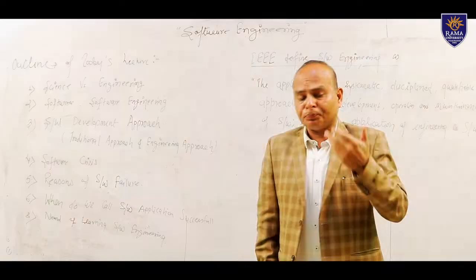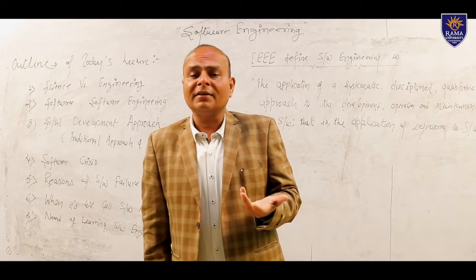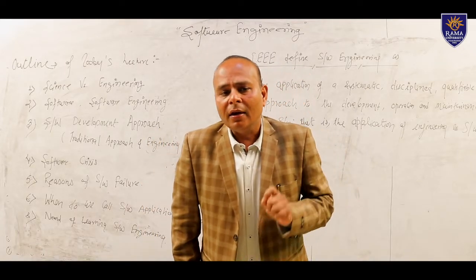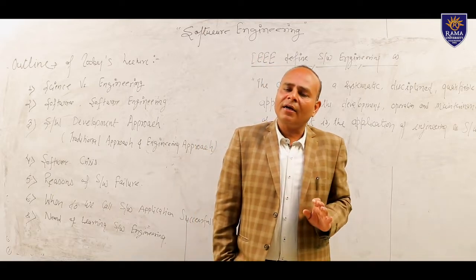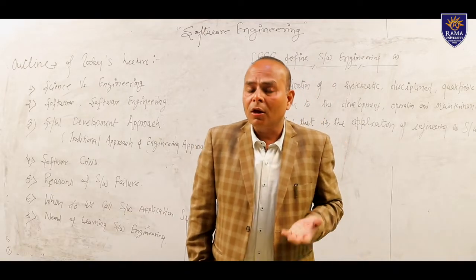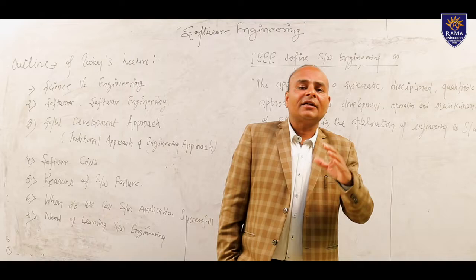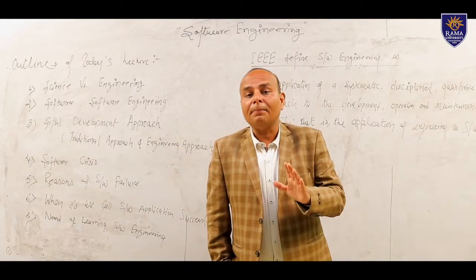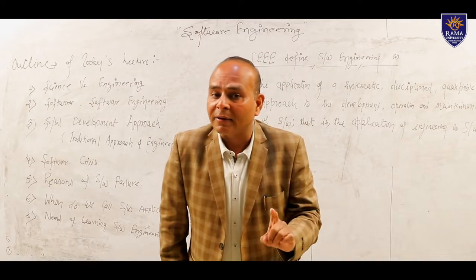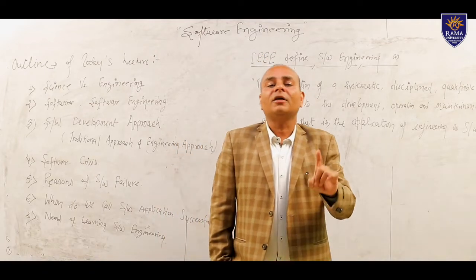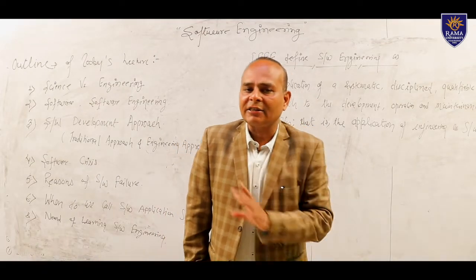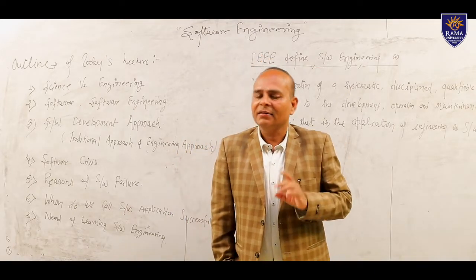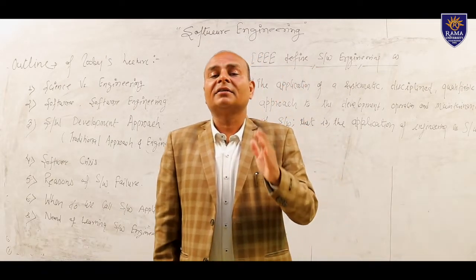Now come to the point: when do we call a software application successful? The question is that 98% of software fails and only 2% is successful. So when do we call an application successful or failed? When the application satisfies all the requirements of the user, and the user accepts the application for implementation at the client side, only then do we say the software application is successful.